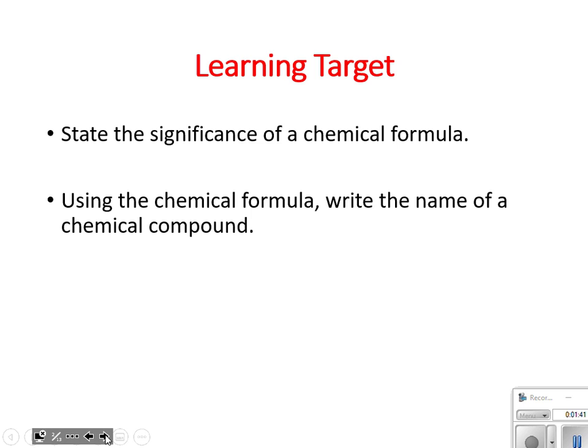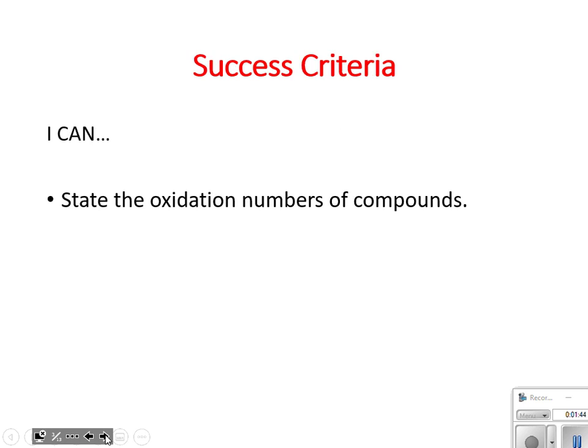Well, today's success criteria is that I can state the oxidation numbers of compounds. We've been dealing with oxidation numbers, and these oxidation numbers are on our periodic table. How we've been using them is to determine if something was multivalent or not, meaning we needed to see if a metal needed a Roman numeral.